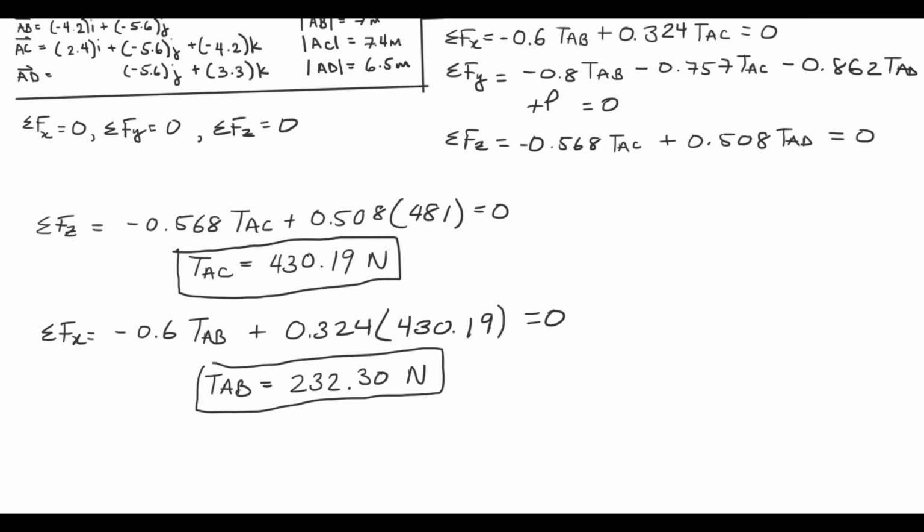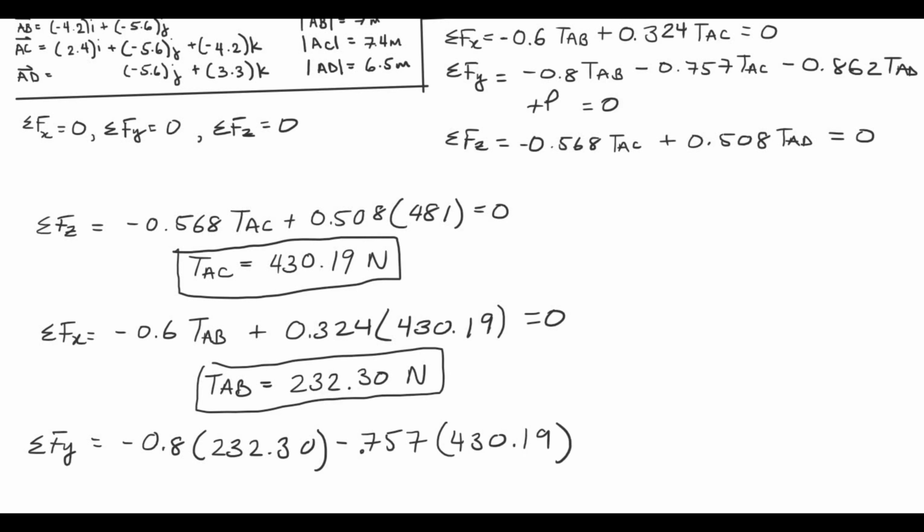And finally, since we have tension AB, tension AC, and tension AD, we can solve for P. So substituting in the values in the sum of the forces in the y direction, it'll give us minus 0.8 times tension AB, which is 232.30, minus 0.757 times tension AC, which is 430.19, minus 0.862 times 481, plus P is equal to 0.